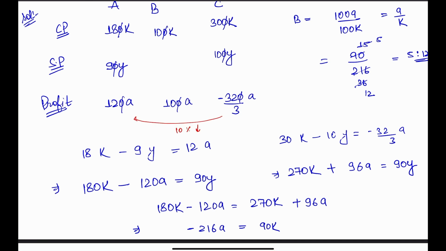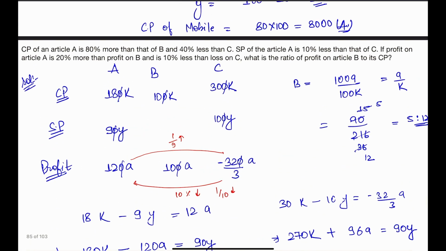10% loss, so 10% less. So from here how much will it be more? 1/10 less, so here it will be 1/9 more. So I misunderstood here with loss and less.